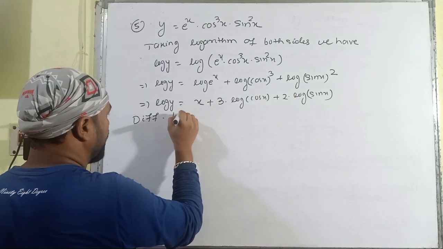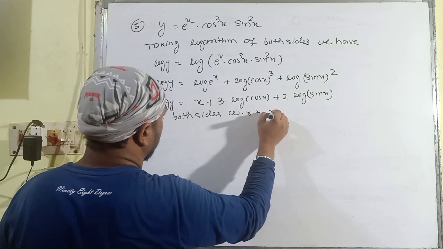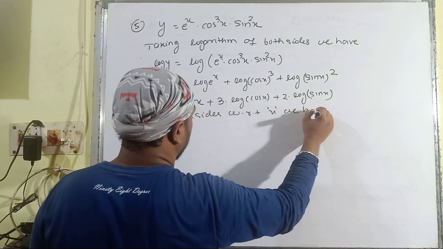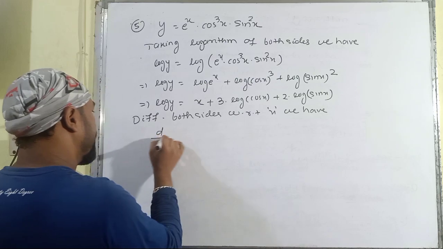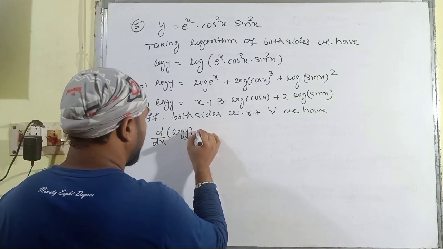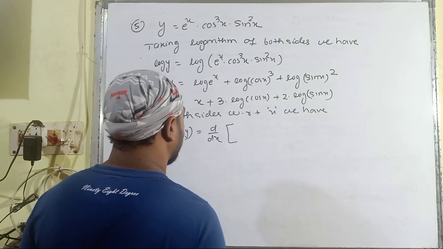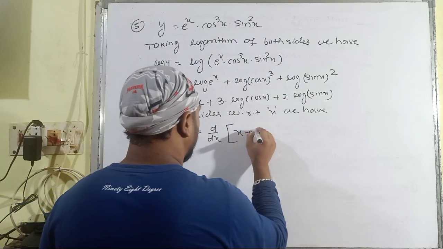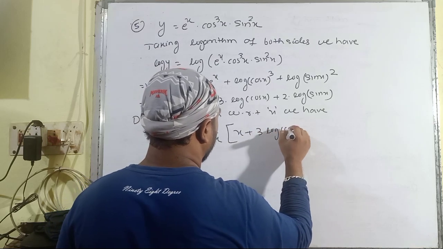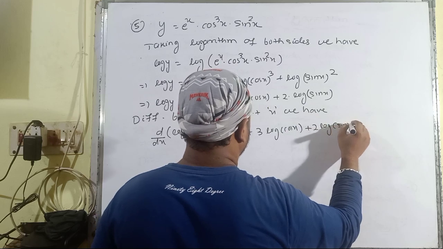Differentiating both sides with respect to x, we have the differentiation of log y, and on the right hand side the differentiation of the sum of all these three terms: x plus 3 log cos x plus 2 log sin x.